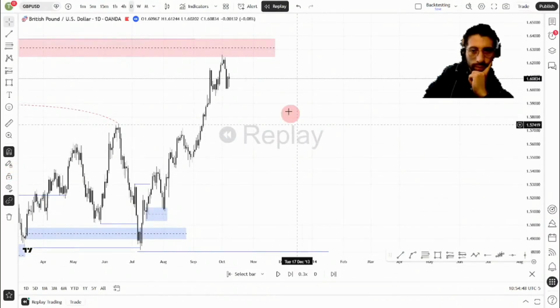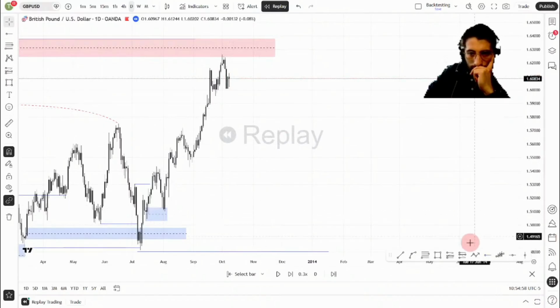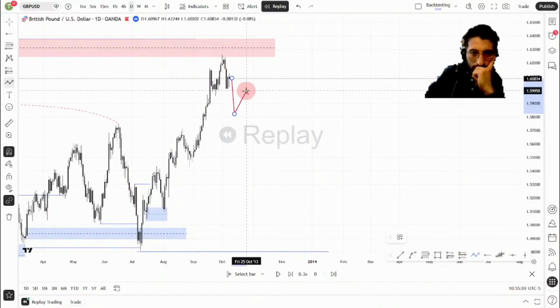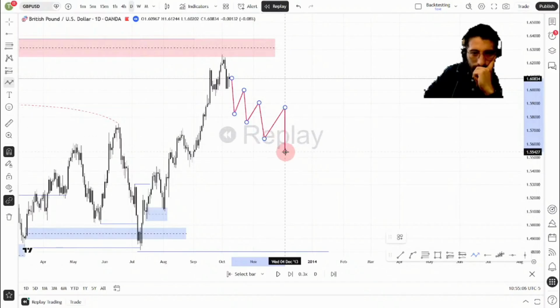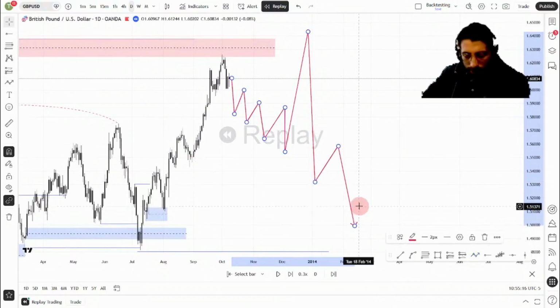So probably we can see something similar: lower low, lower high, lower low, lower high. And then, for example, I can enter in this order block or another block which is right here, and boom, continue with the impulse, and then boom, continue going downwards.